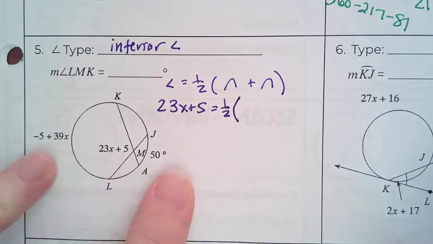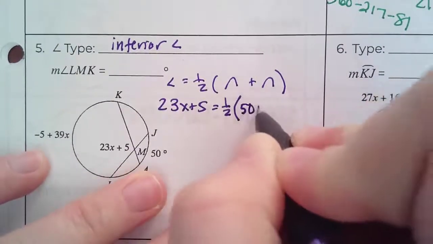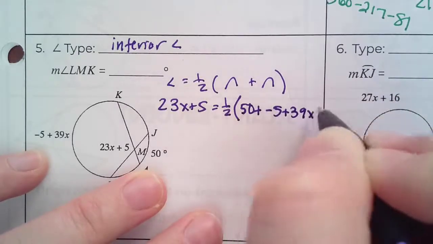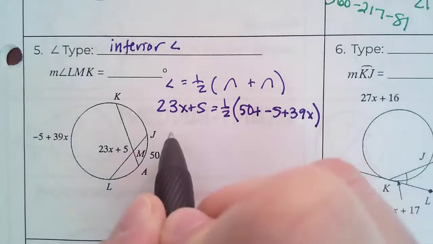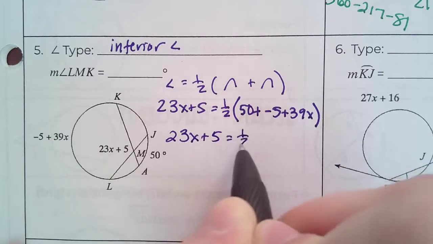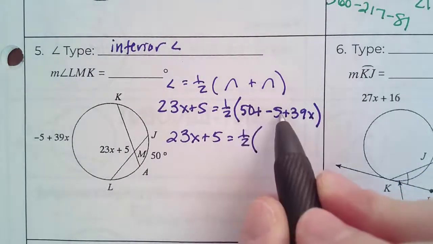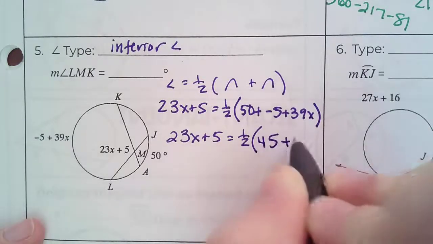Then I'm going to add these two arcs. 50 plus -5 plus 39x. 23x plus 5 equals 1/2 times 50 plus -5 would be 45 plus 39x.